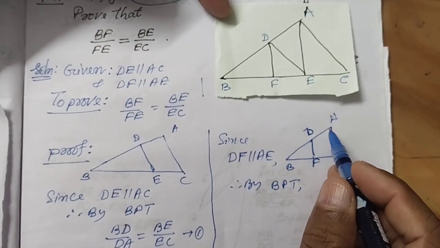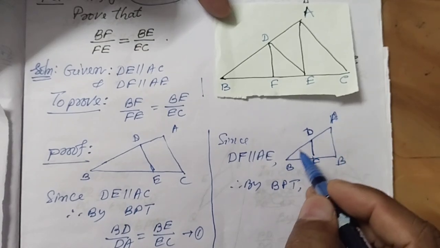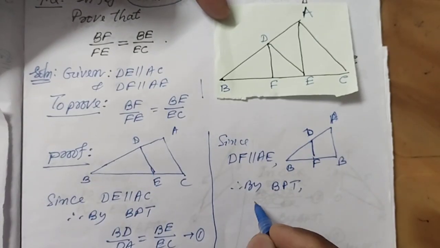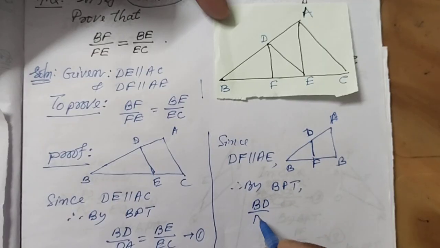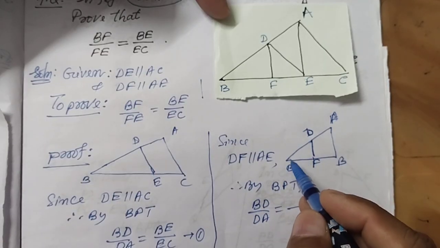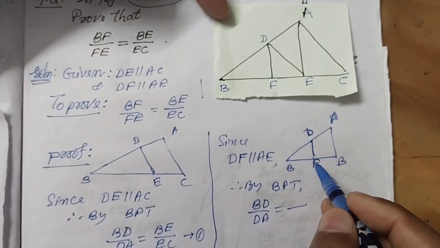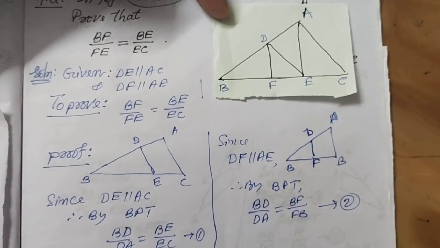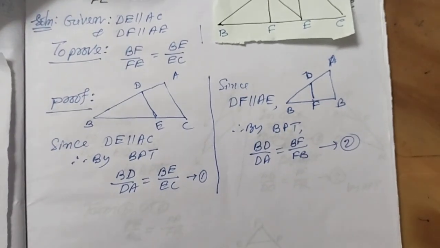BD by DA is equal to BF by FE. We will mark it equation 2. Now from equations 1 and 2, what do you get?